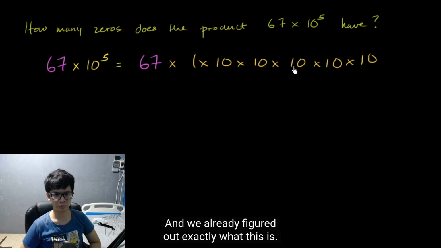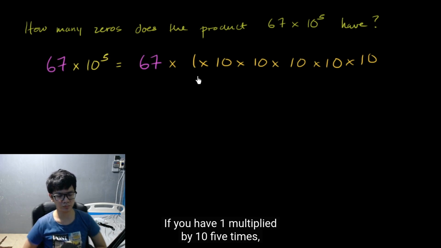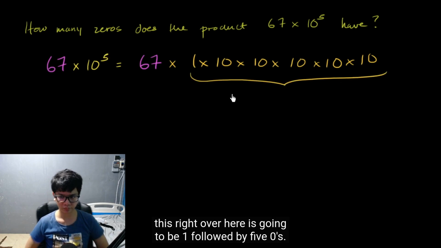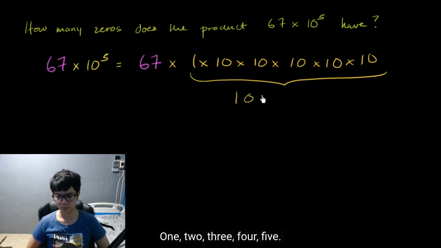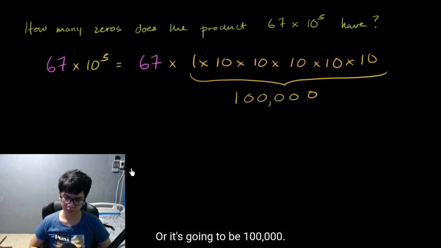And we already figured out exactly what this is. If you have 1 multiplied by 10 5 times, this is going to be 1 followed by 5 zeros. 1, 2, 3, 4, 5. Or it's going to be 100,000.